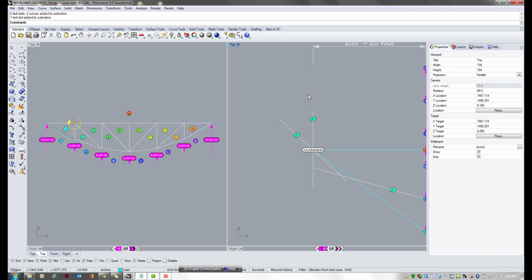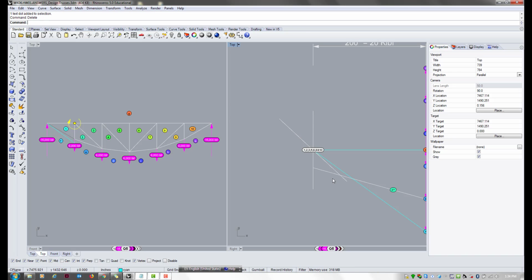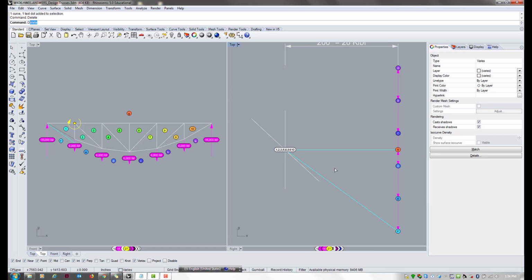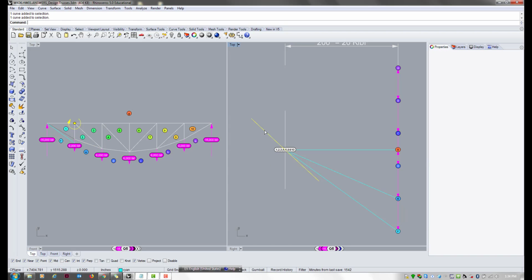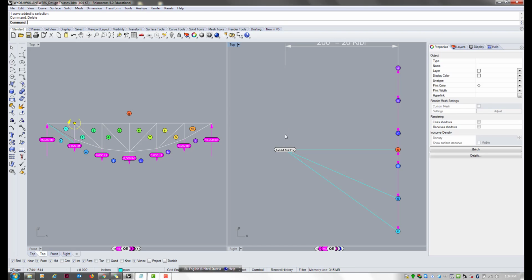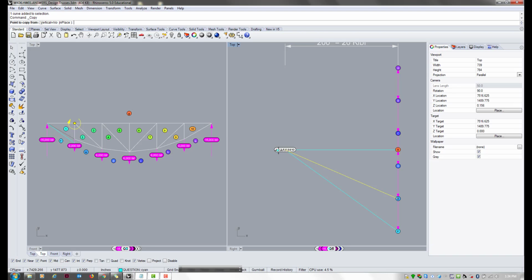So that locks down point 2 onto that location, which also is going to fix the angle of that line E2, which corresponds to that bottom chord. So we can eliminate all of these temporary lines, and now we know what the angle of that bottom chord is.